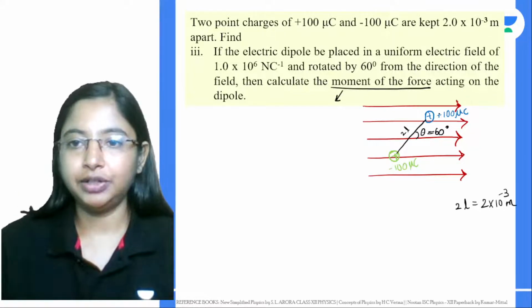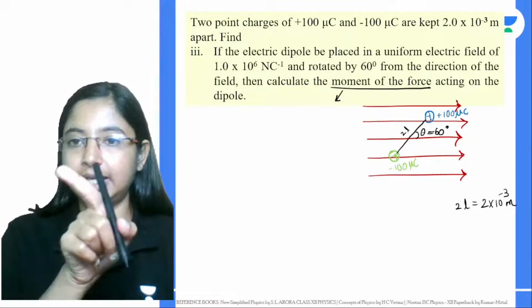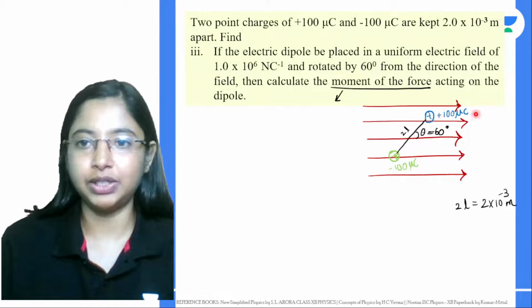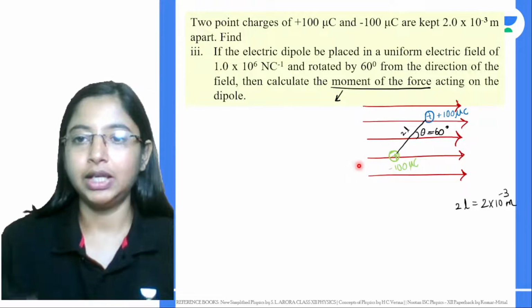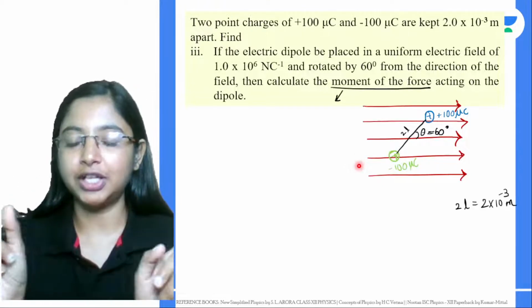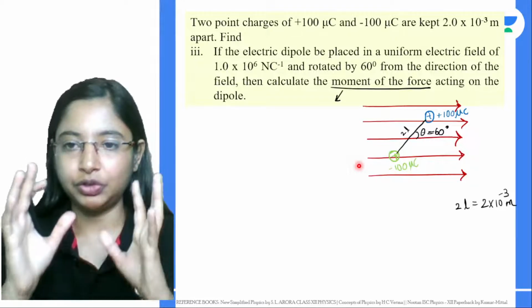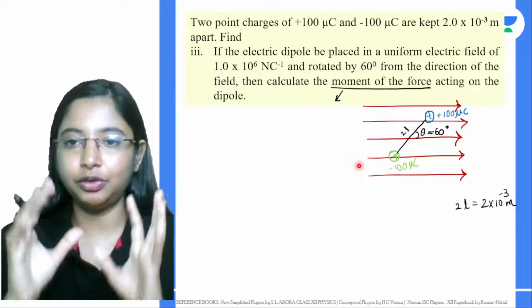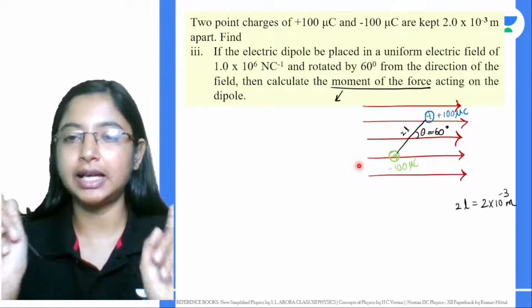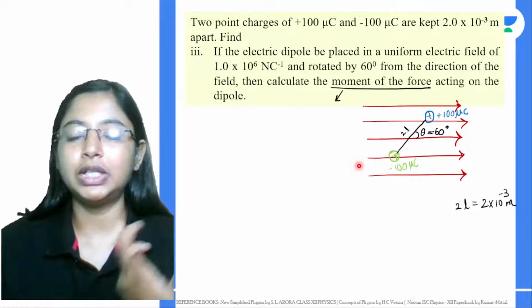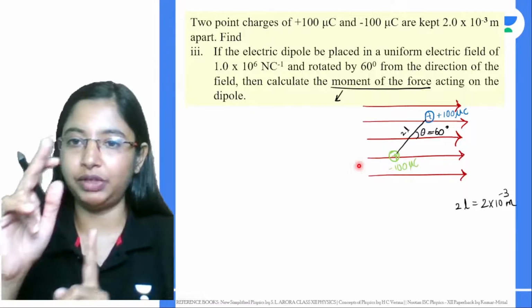This charge will experience a force in this direction, and the other charge will experience a force in the opposite direction. The magnitude of the force is the same, but the directions are different, and they act on the same object, so they constitute a couple. Obviously, this dipole will turn.